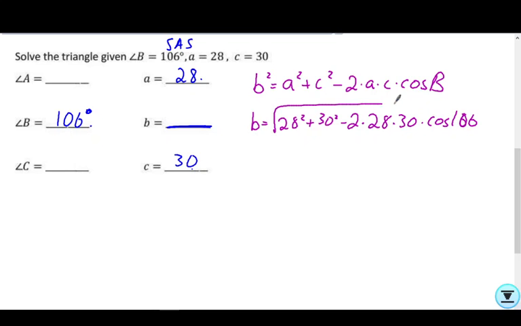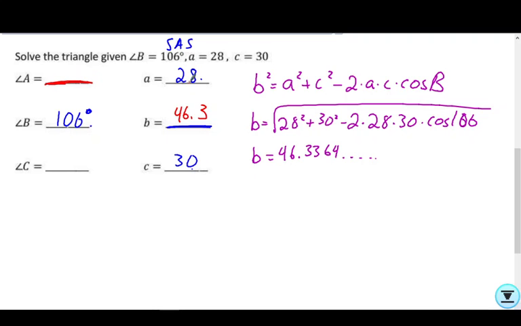And you take the square root of all that. So B equals 46.3364 and so on. So this side is 46.3.